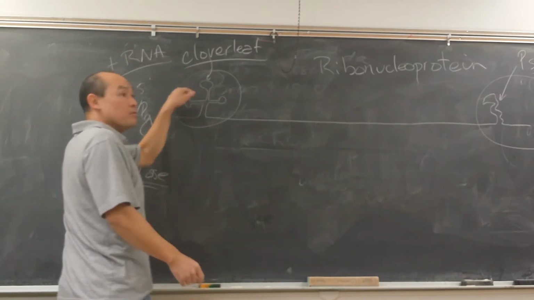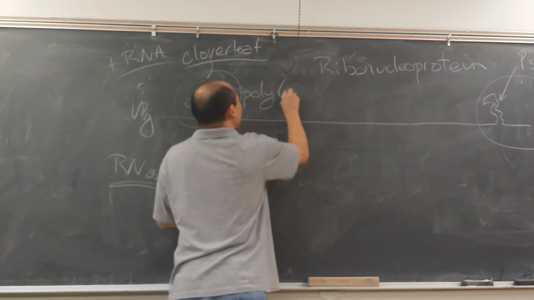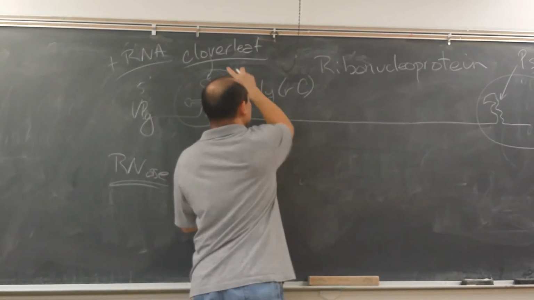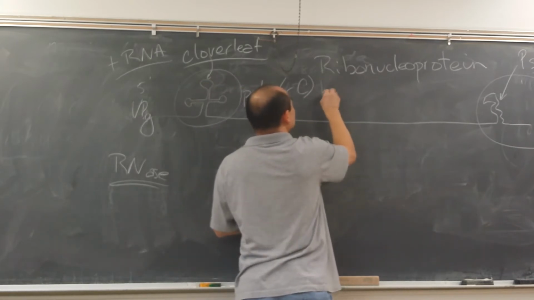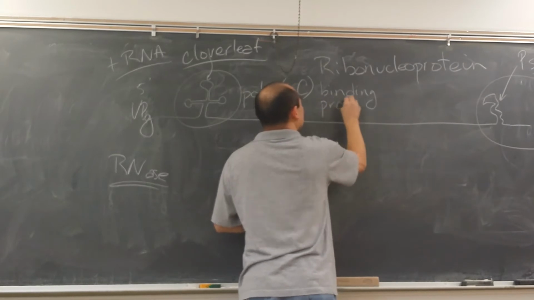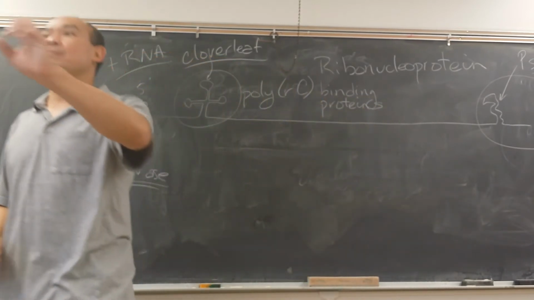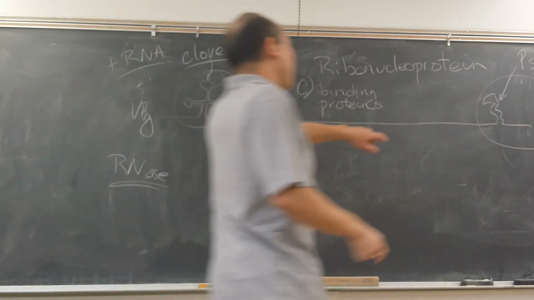So to the clover leaf, you will have proteins that are called poly-RC, C stands for clover leaf, binding proteins. And a few of them. So these are tiny, tiny proteins that bind.